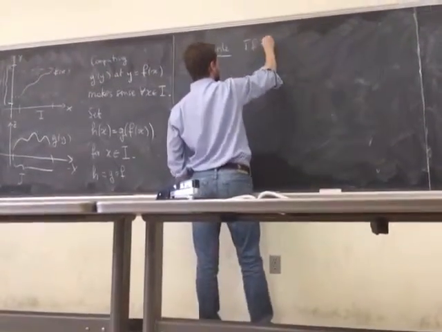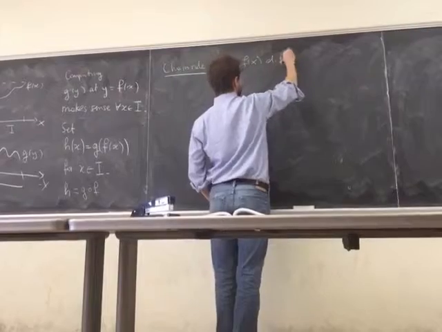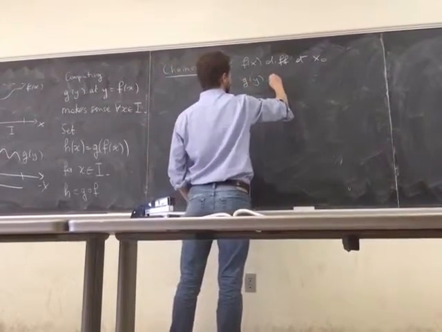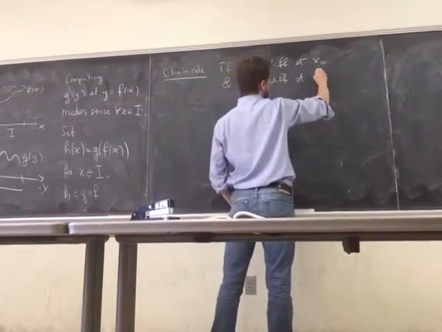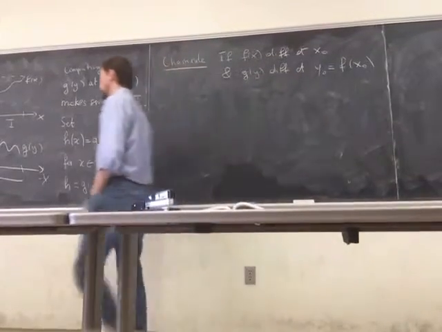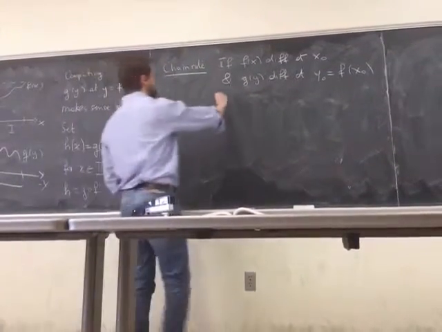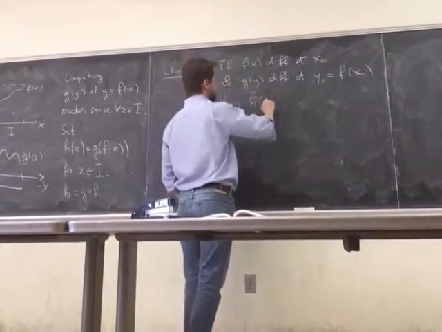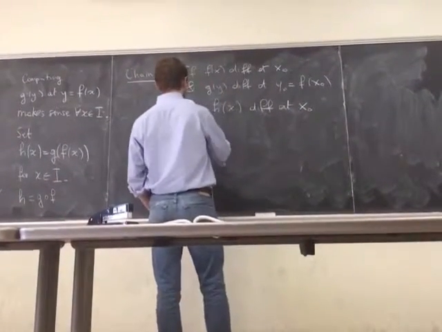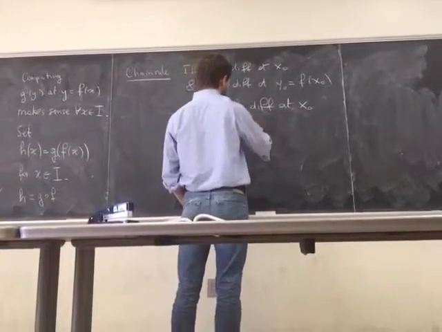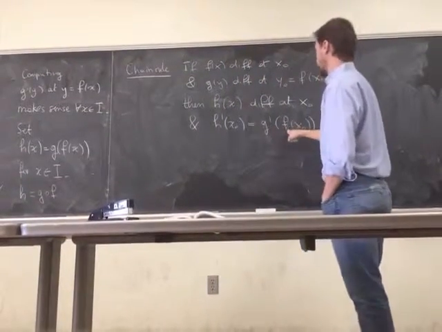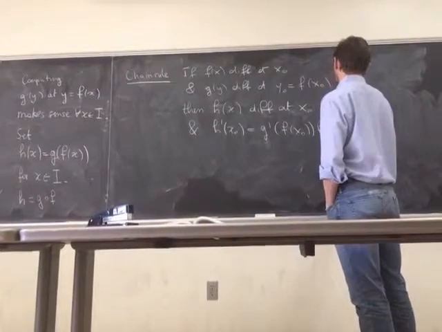So if f of x is differentiable, not just defined, but differentiable at x naught, and g of y is differentiable at y naught equal to f of x naught, then h of x will be differentiable at the point x naught, and the derivative of h at the point x naught will be computed as g prime at f of x naught, times f prime at x naught.